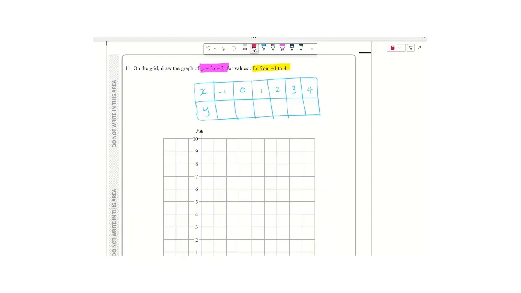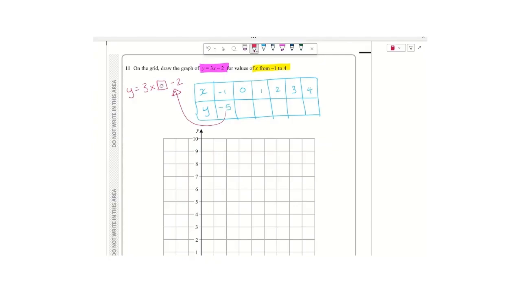So what we could write is y equals 3 times whatever x is take away 2. So in the case of this first one, it's 3 times -1. And you can literally plug that into your calculator and you'll get an answer of -5. And then you can keep plugging that into your calculator and changing that value.